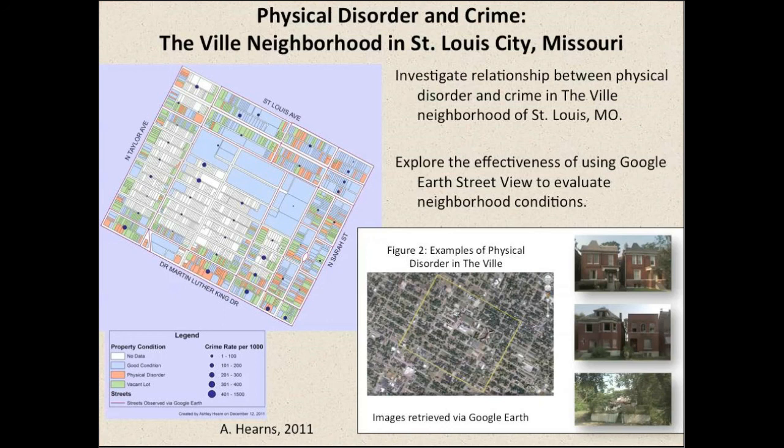An attribute was added to a set of building footprints so that property could be symbolized in this map based on the appearance of neglect that was noticed in Google Earth Street View, such as boarded windows, unkept lawns, etc. Crime incidents were also plotted, and an analysis was performed to determine if a relationship was statistically significant.